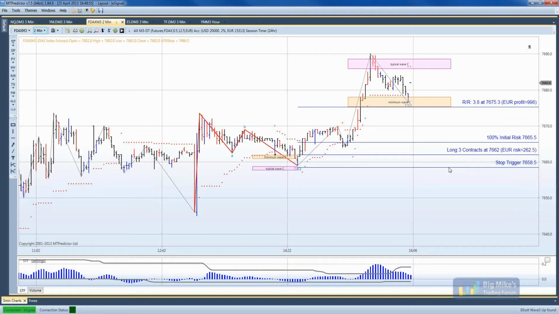If you want to learn more about position sizing, the world leader on position sizing is Van Tharp. His last book, The Definitive Guide to Position Sizing, is a very, very good read. And well, coincidentally, if you go to page 248, you'll see a mention of MTPredictor in that book.